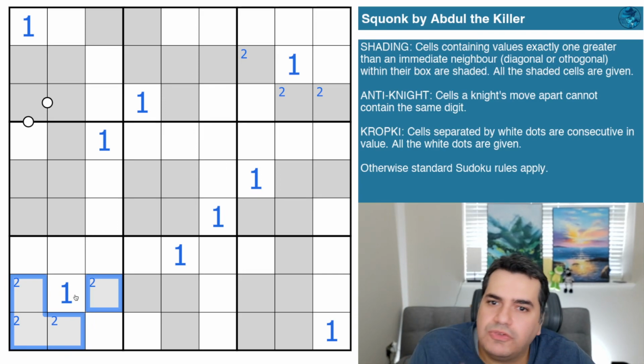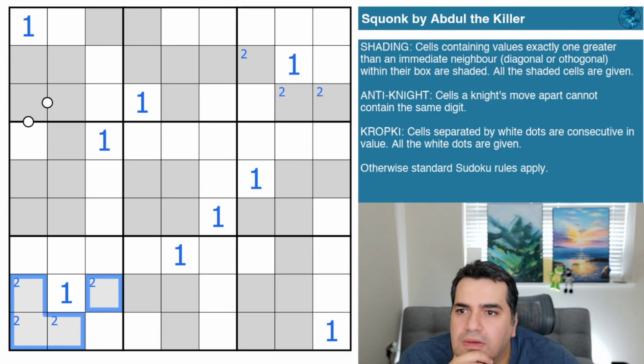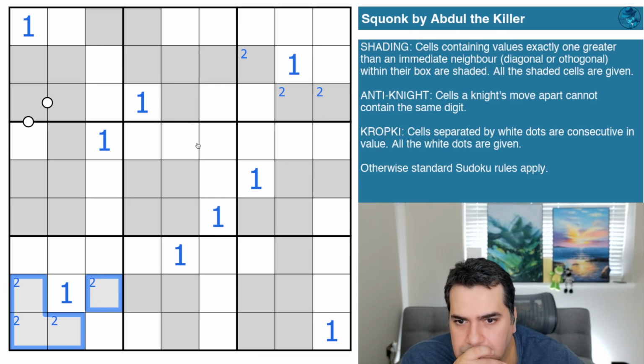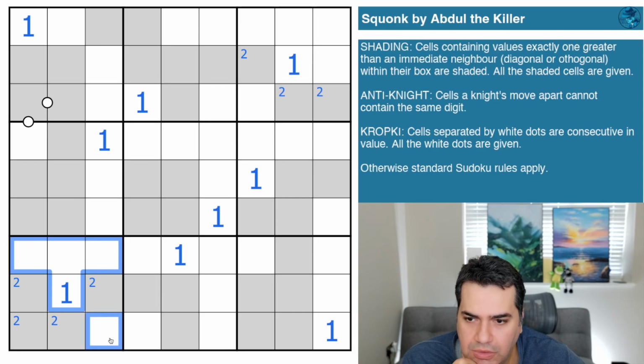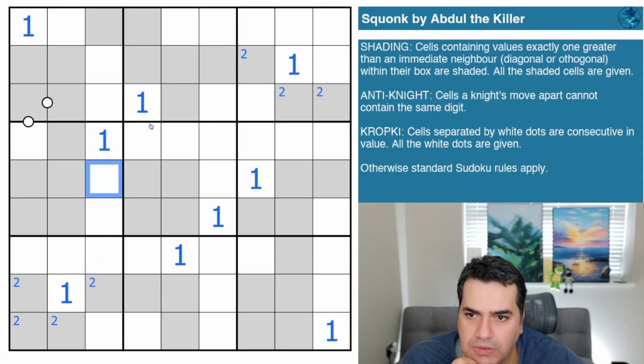It just doesn't feel like a tremendous amount of progress, really. What we do know as well is the 2s cannot be in a white cell adjacent to the 1. So none of these can be 2. Yeah, this can't be.